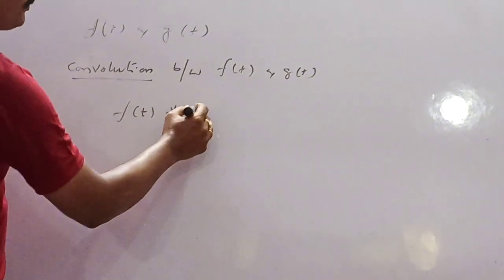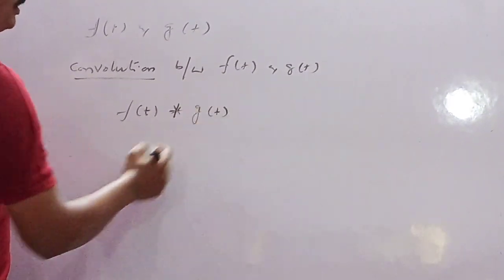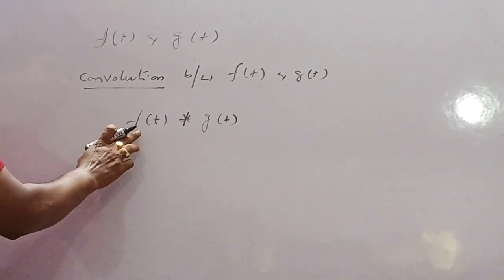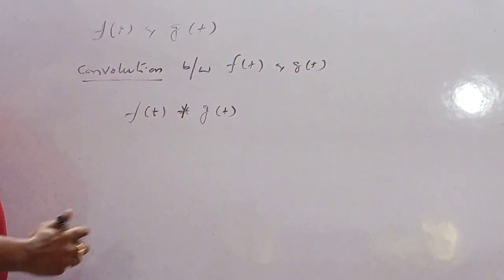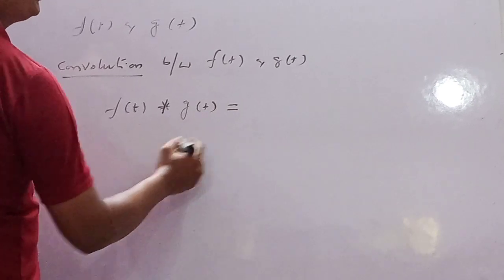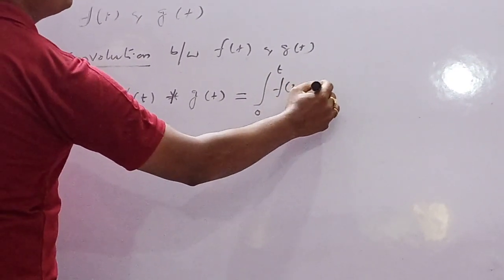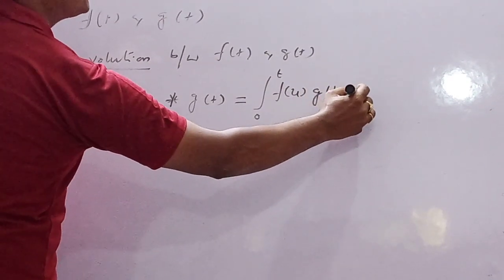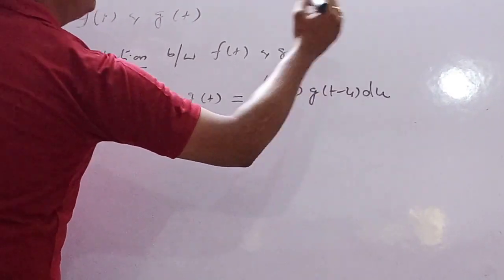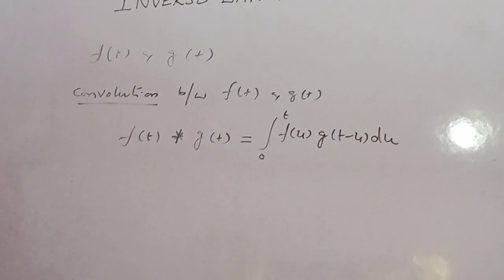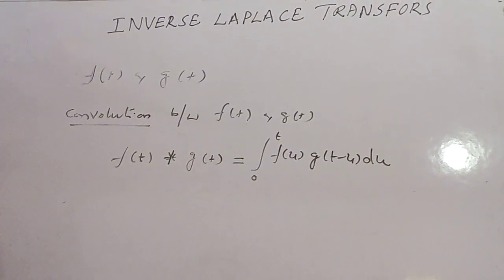It is defined by the integral from 0 to t of f of u g of t minus u du.